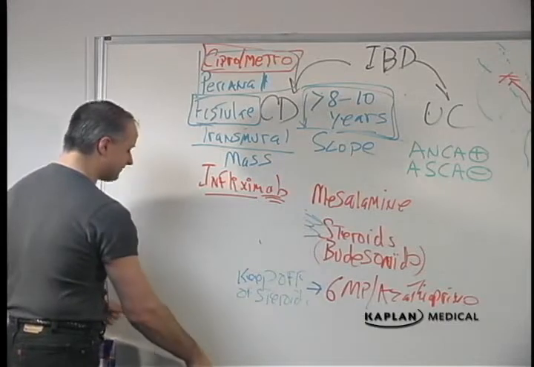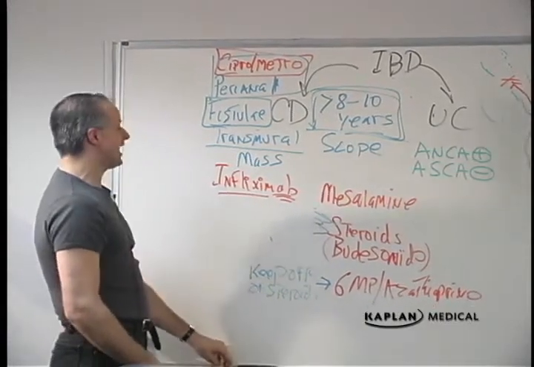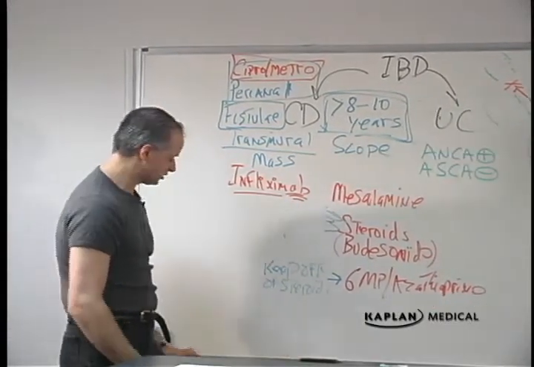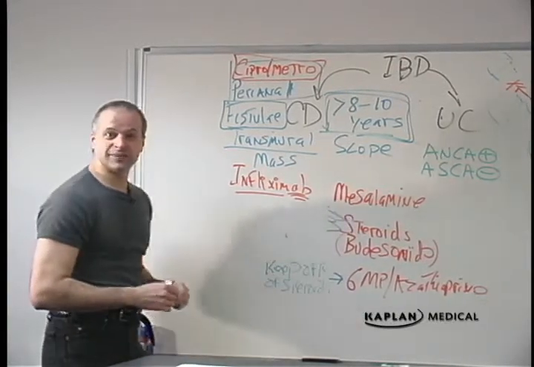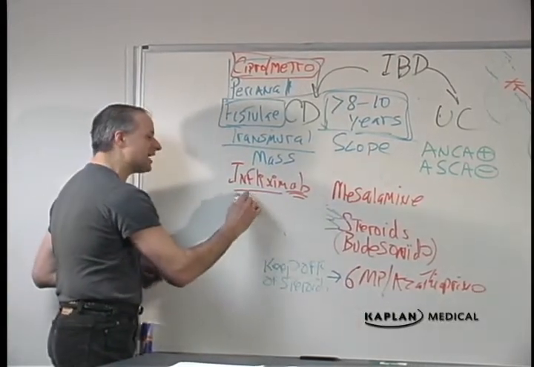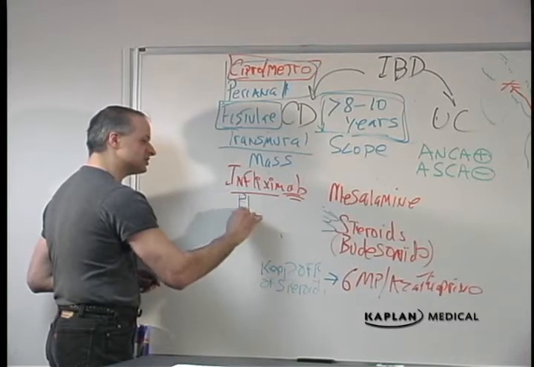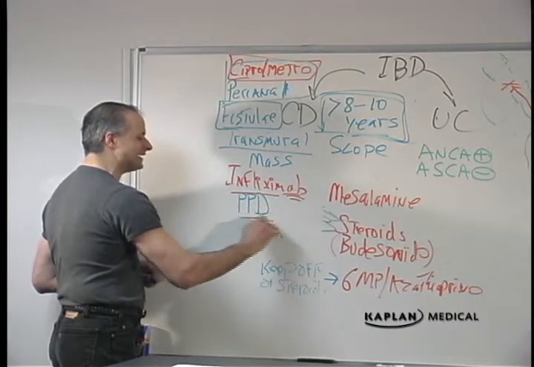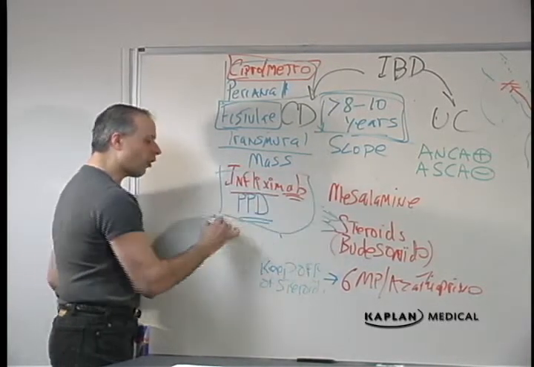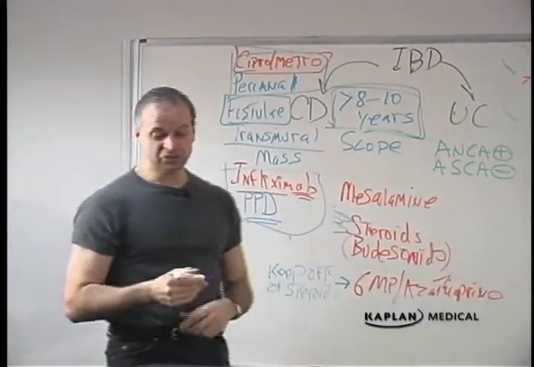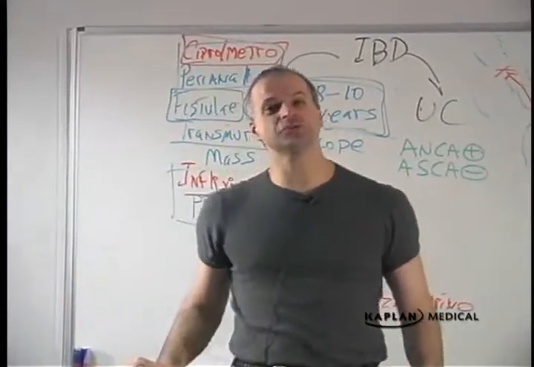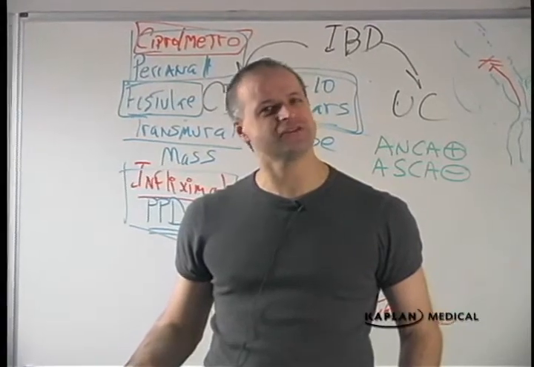Now, infliximab has an adverse effect that's been associated with it. Infliximab has been found to reactivate tuberculosis. Now, why that is, no one is sure. All of a sudden, your immune system gets activated because tumor necrosis factor gets controlled with the infliximab.